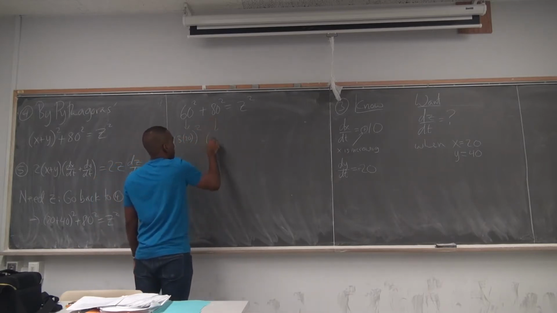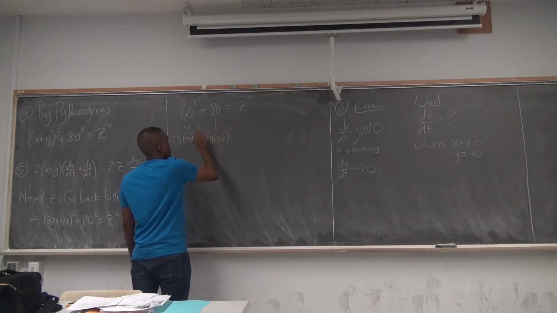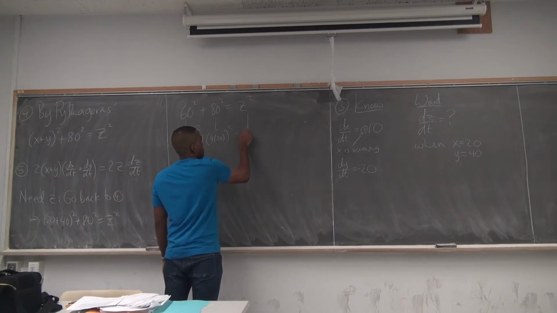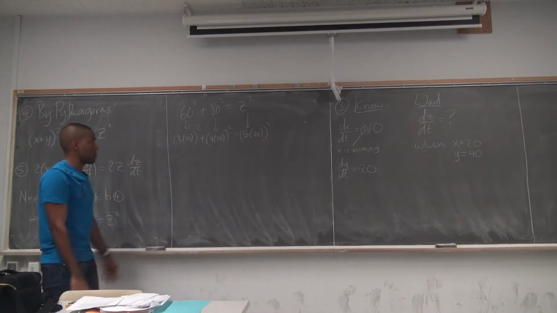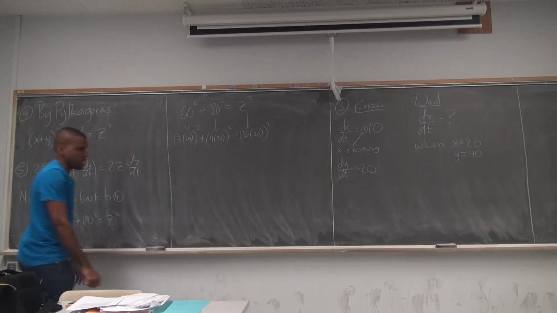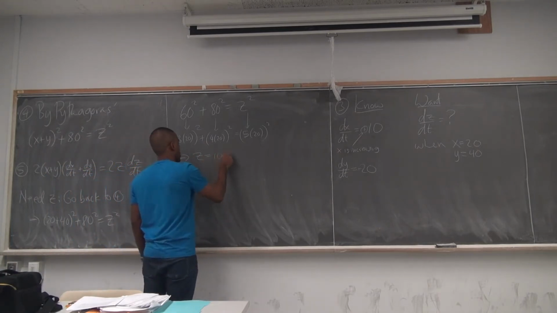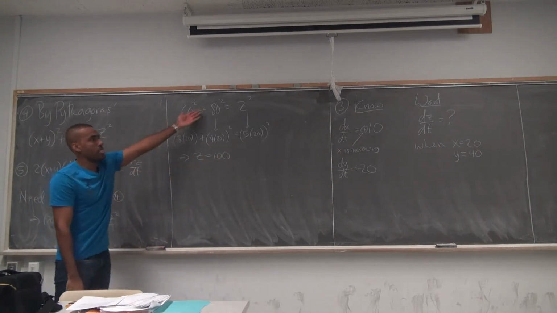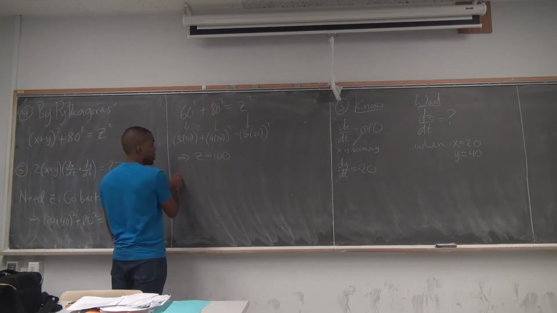The 80 you can think of as 4 times 20. So the z must be 5 times 20 because it's a 3, 4, 5 triangle, right? The two sides are factors of 3 and 4. The hypotenuse must be a factor of 5, and so z equals 100. Or you could actually take these squares and add, then take a square root. Okay, so we have z equals 100.